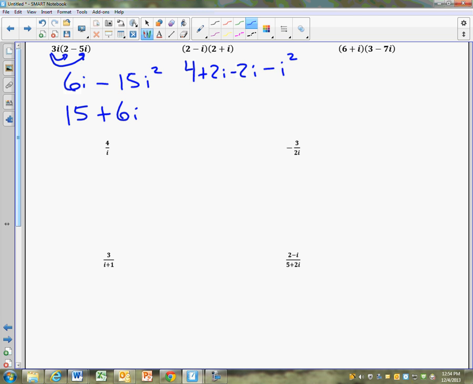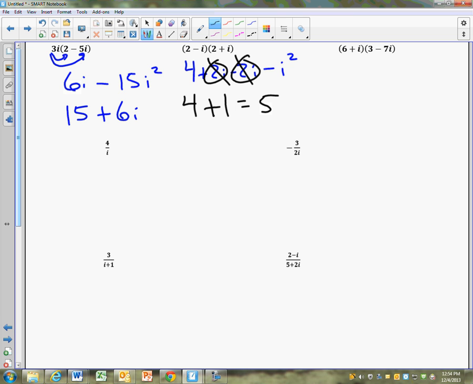Minus I squared. So again, what happens in the middle? Go away. And you get 4. What's negative I squared? Positive 1. You get 5. 2 minus I times 2 plus I happens to be 5.